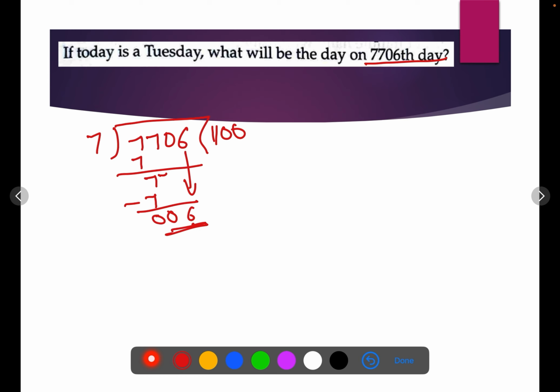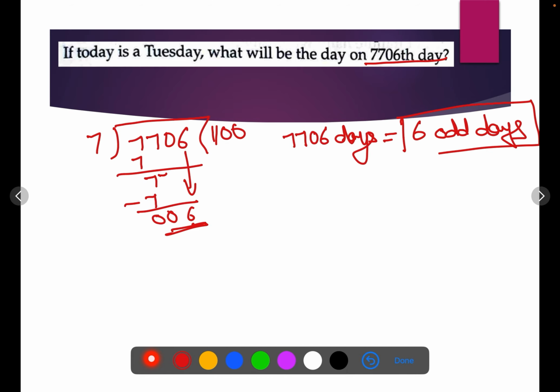So can I say, after looking at the division, that 7706 days is equal to 6 odd days? I have found my number of odd days. Right. Now, how to calculate? To calculate, what I'll do is, it is given Tuesday here. So 1, 2, 3, 4, 5, 6. 6 odd days.